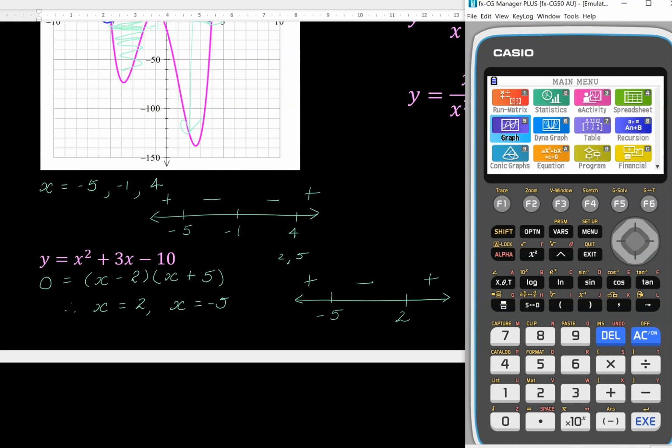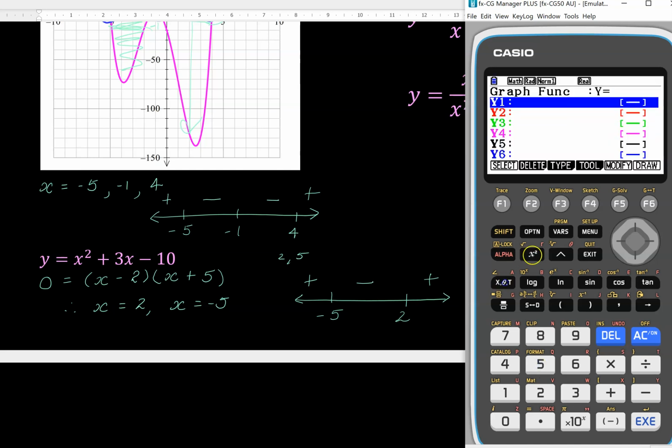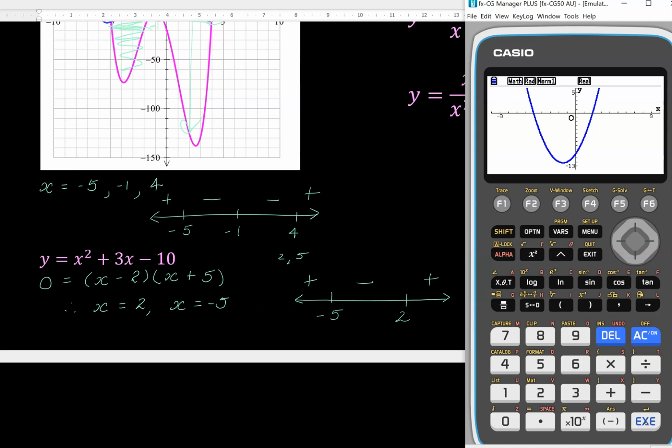Let's have a look. Does it correspond with our graph? If we pop that in, x squared plus 3x take 10, and graph that, you can see this, well, I'll show it to you. G-solve root, that's our x-intercept of -5, and you can see clearly that to the left of -5, the y values are positive, so that corresponds with our sign diagram.